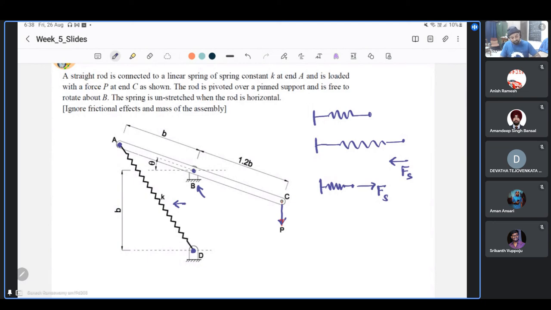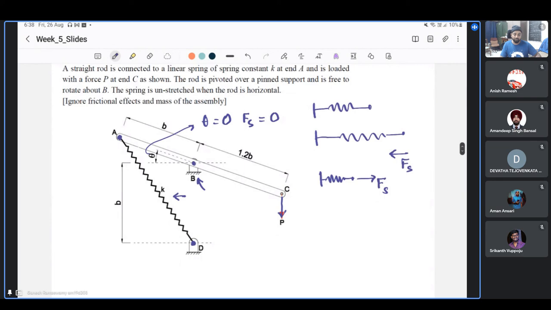It is further given that the spring is unstretched when the rod is horizontal, that is, when theta equals 0, the spring force is 0. At this unstretched condition, the spring doesn't offer any force. It only offers a force when it is deformed, either elongated or contracted.